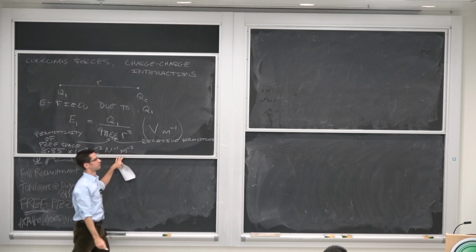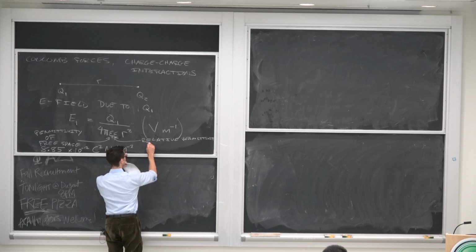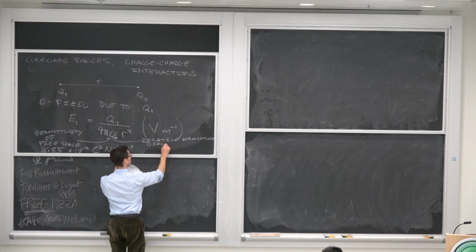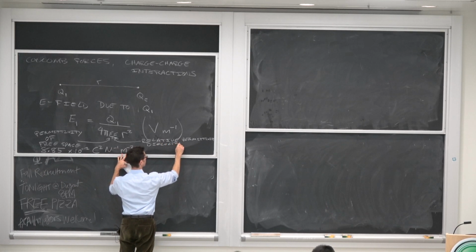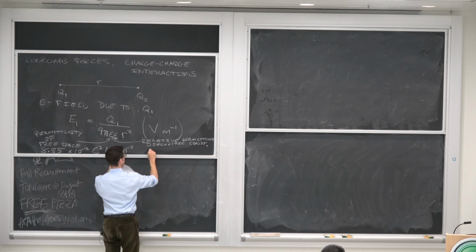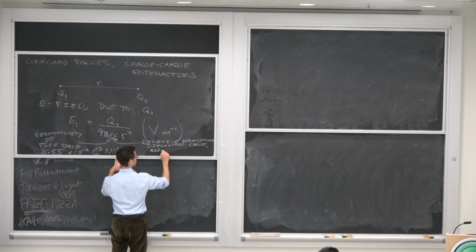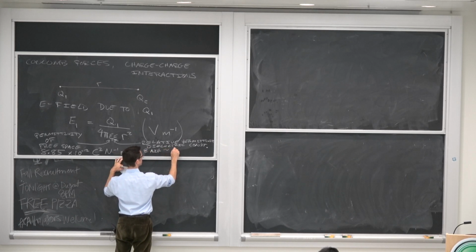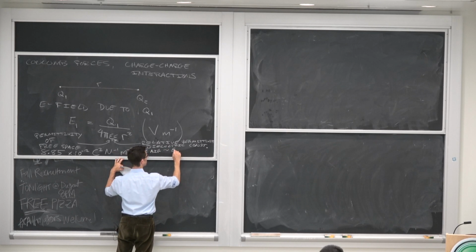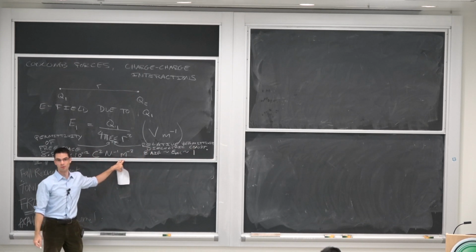It's also one of the most fun words to write in all capital letters. Or the dielectric constant. And air, so epsilon of air is approximately epsilon of a vacuum, or 1.